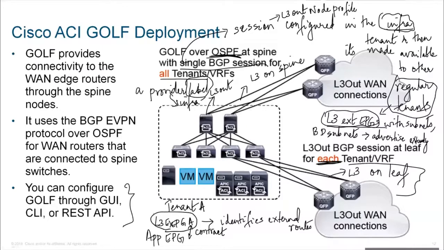This is actually for the Golf purposes. Now in this one, I would use a consumer. On the consumer tab, I'd have a label. The label should match the label we've configured on the layer 3 out of the infrastructure. It should match.